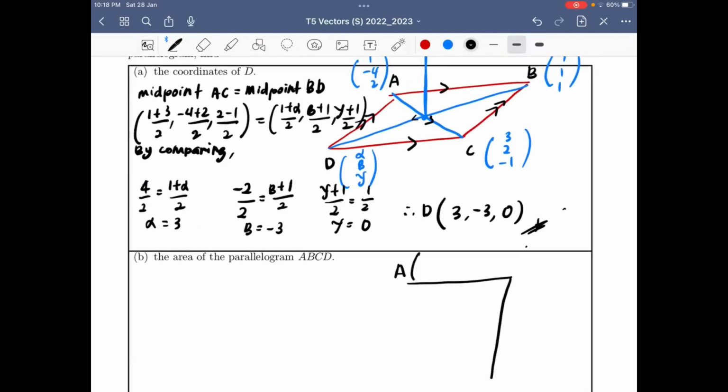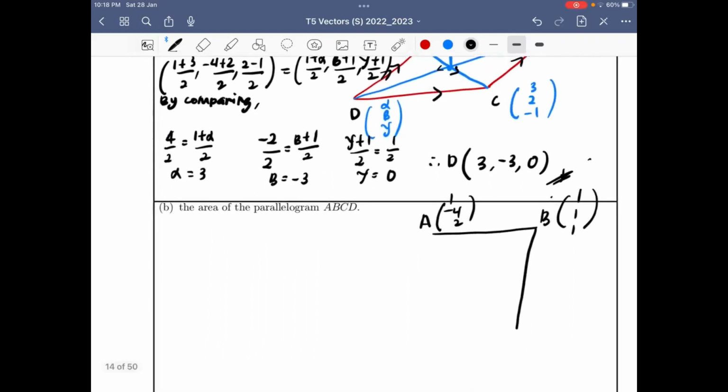Let's say we have a point A here. The point is 1, -4 and 2. Then we have point B here, which is 1, 1 and 1. Then we have point C here, which is 3, 2 and -1. So we will try to find the vectors from this starting point.